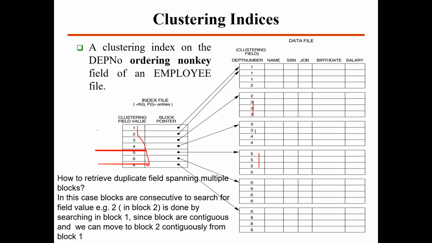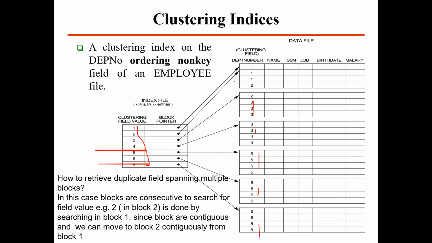So for each distinct value, we have an entry here. For example, all the ones are connected with the first one, all the twos are connected with the second one, all the threes are connected with the third one.